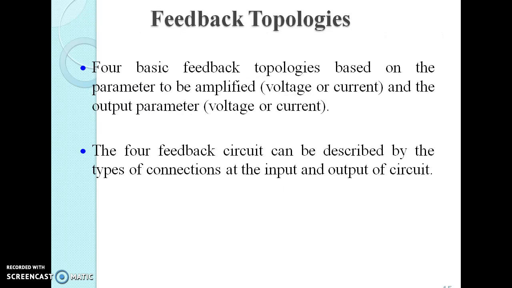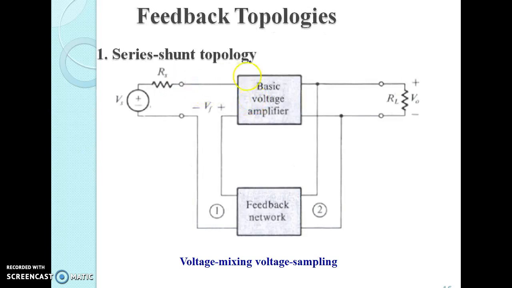With the help of the comparator network and the sampler network, we have 4 basic feedback topologies. In this, the voltage mixing, voltage sampling: here you can see is the sampler, here you can see is the mixer. So the sampling network is in shunt with the feedback network. So this is voltage sampling, and at the input side we see that the feedback network is in series with the source.